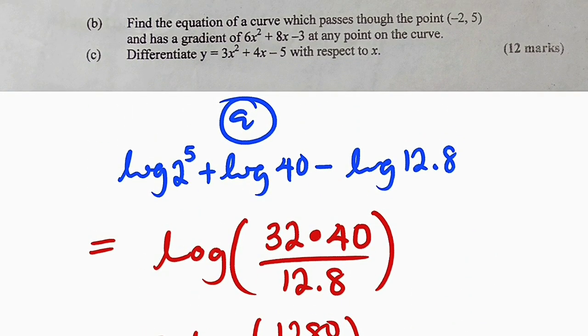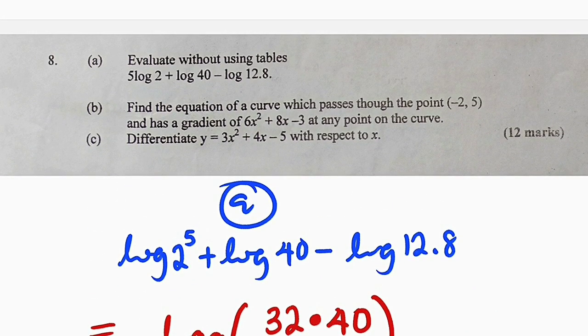Let us take the second question here under question 8. We're asked to find the equation of the curve which passes through -2, 5 and has the gradient 6x squared plus 8x minus 3 at any point on the curve. So what is this gradient? This gradient is nothing but dy over dx.